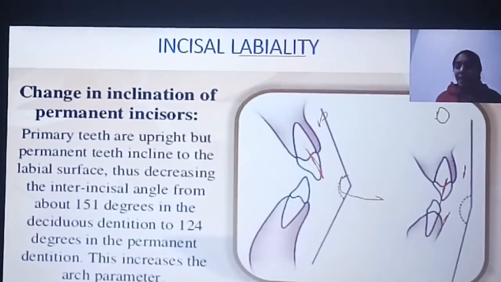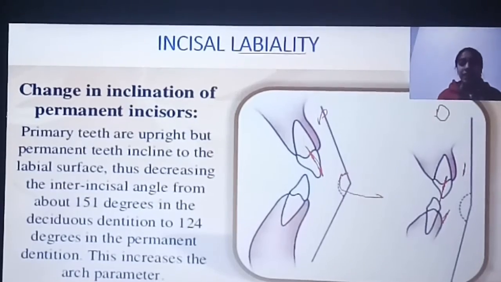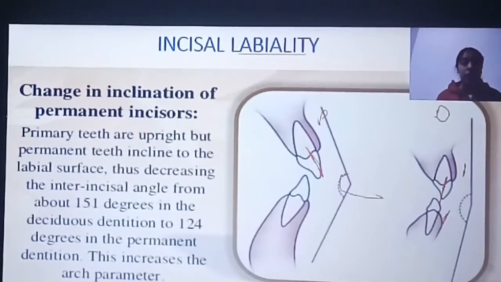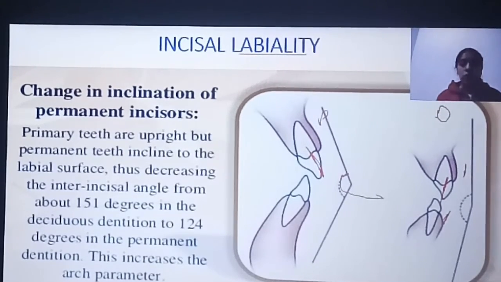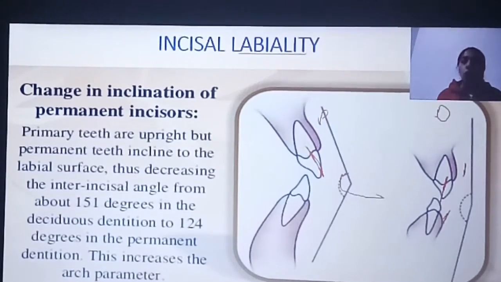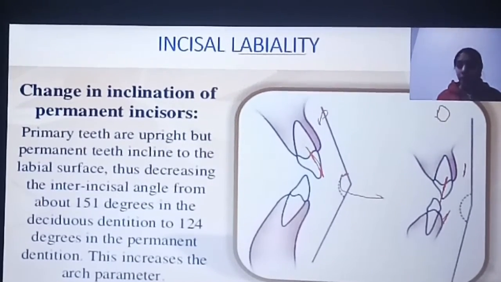So due to the labial inclination of the permanent upper central incisor, the interincisal angle decreases to 151 degrees, and in the deciduous it is 124 degrees. So this also increases the arch perimeter. So incisor labiality overall also helps in the smooth transition of the permanent teeth with that of the primary teeth.